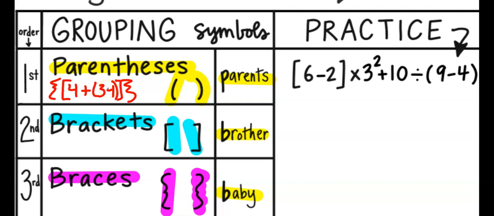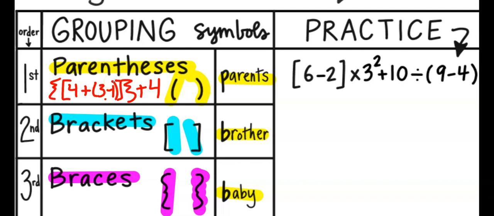You would solve first what's in parentheses, then evaluate what's in the brackets, and then finally evaluate the whole expression contained within the braces. And we could even have plus 4 here at the end. So you go from inner to outer.